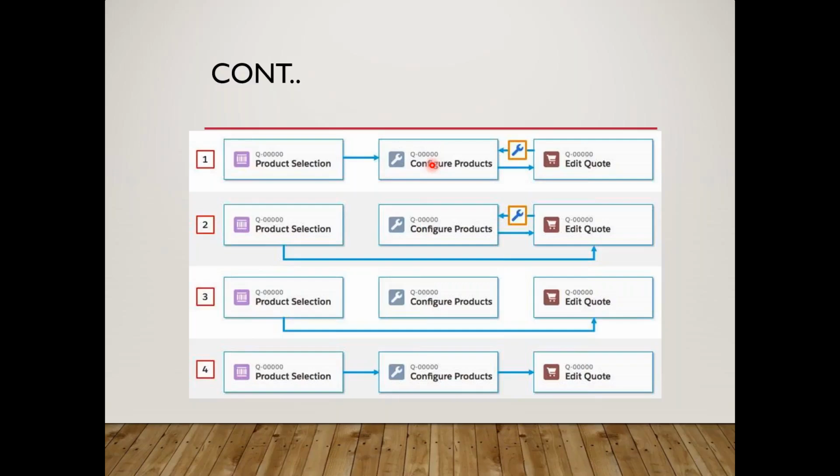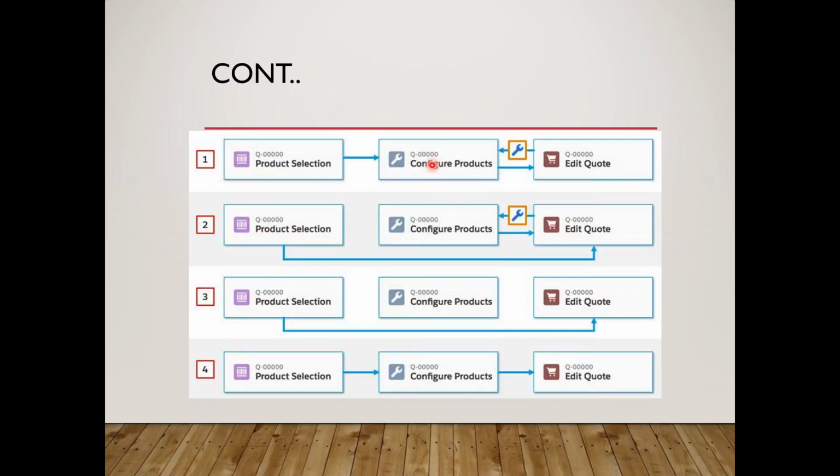So Rahul, whatever we are doing at this point of time in terms of configuration event and configuration type, we are doing it at product level, right? Yes, product level.